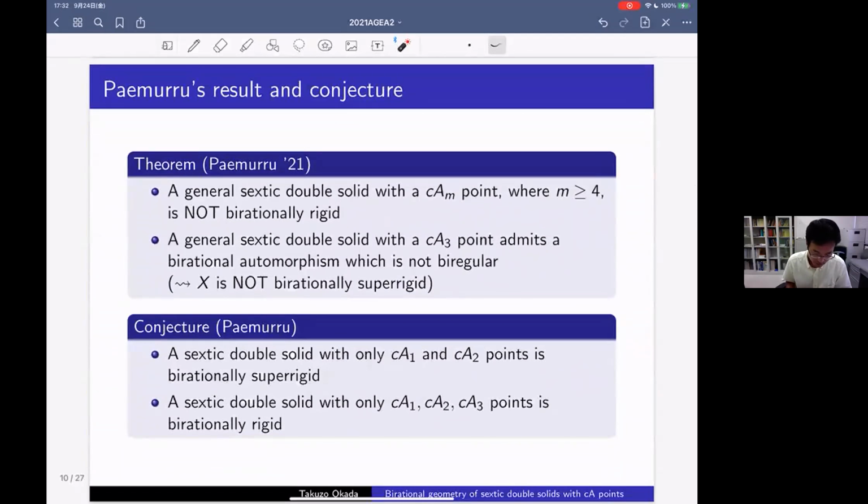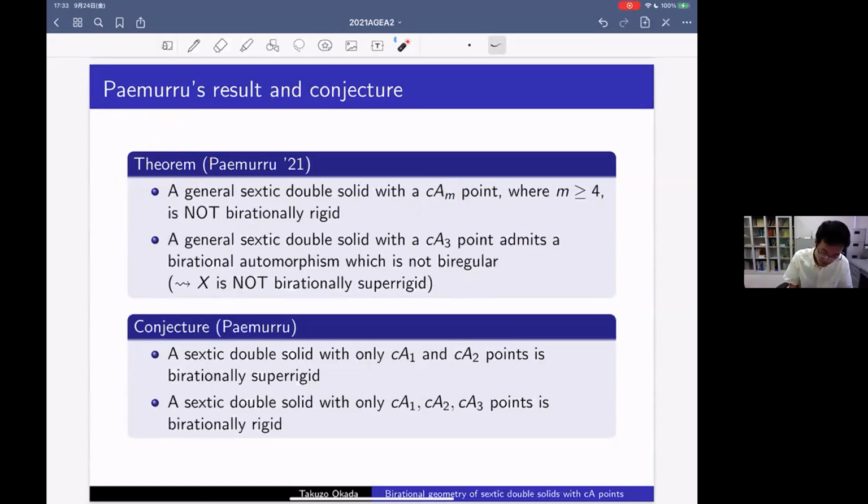And so next, recently, one of the collaborators of this talk, Prokhorov, investigated the birational geometry of sextic double solids with CAm points for various m. And in particular, he proved the following theorem.